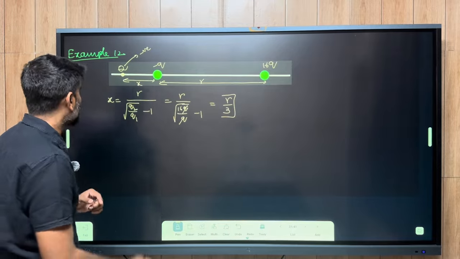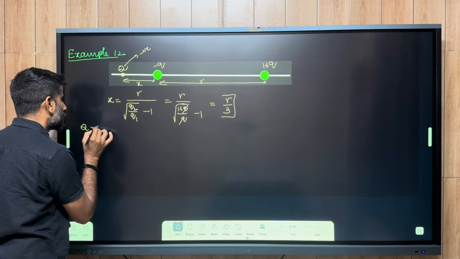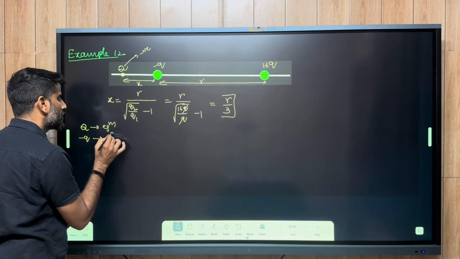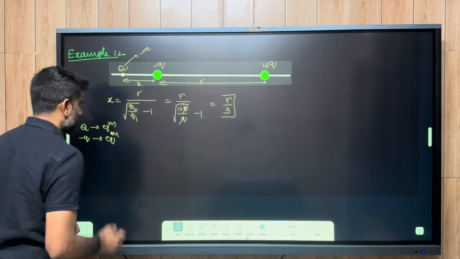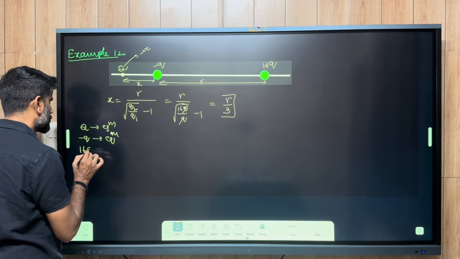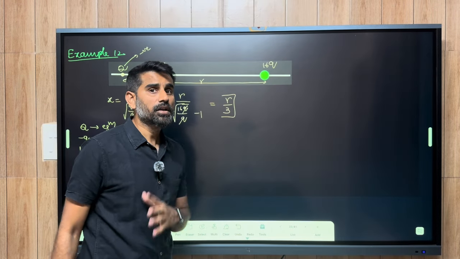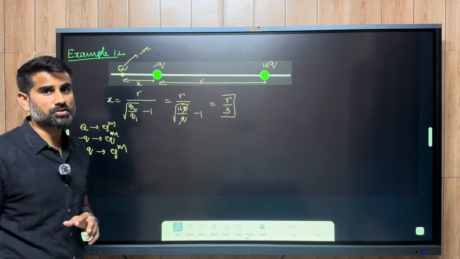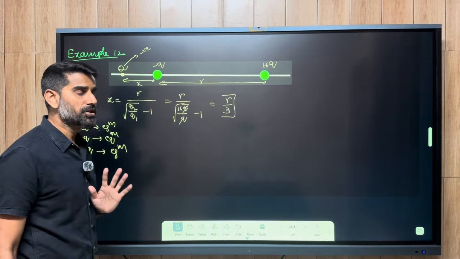First of all, we have to mention that this capital Q should be in equilibrium, minus q should also be in equilibrium, and this 16q should also be in equilibrium. For the entire system of charges to be in equilibrium, the plus q, minus q, 16q, all the three charges must be in equilibrium. Equilibrium means net force on each charge must be 0.